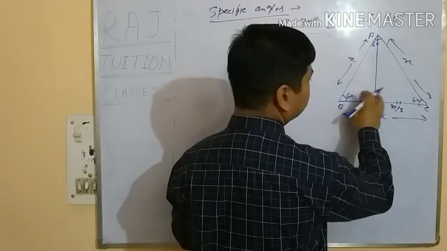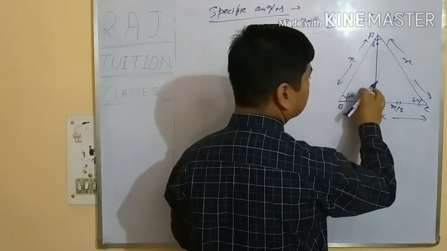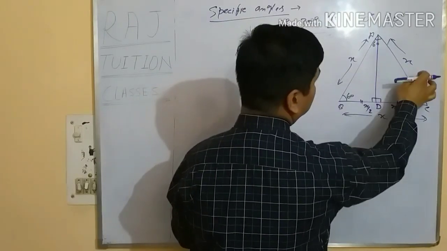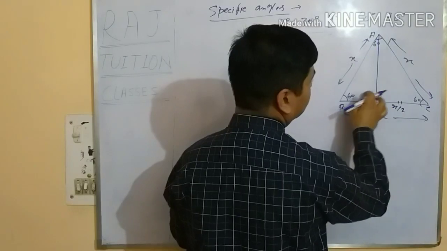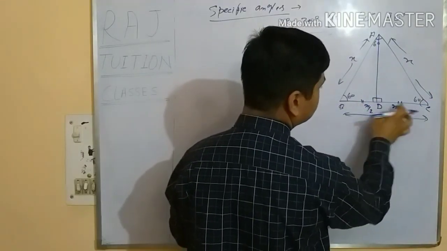So both of these triangles are right angle triangles, their hypotenuses are equal and one side is also equal.